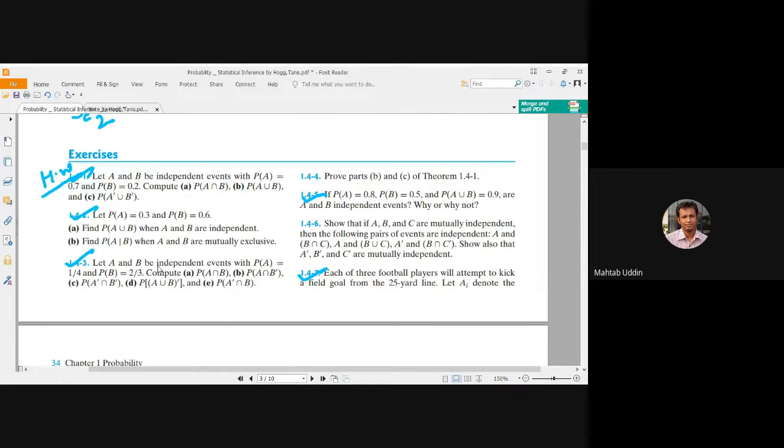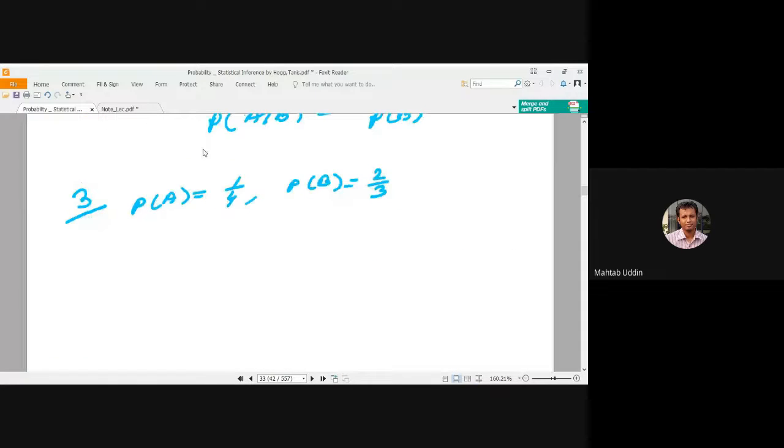First, we have to find A intersection B. We need to find some properties here because P of A and P of B are given. We know that if A and B are independent, then their complements are also independent. Can you remember? Yes, sir.